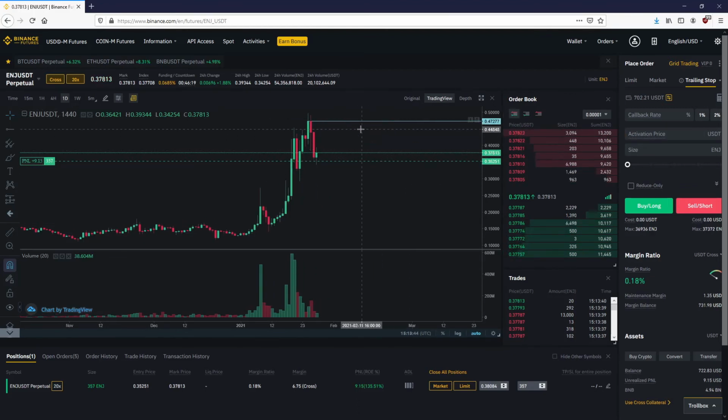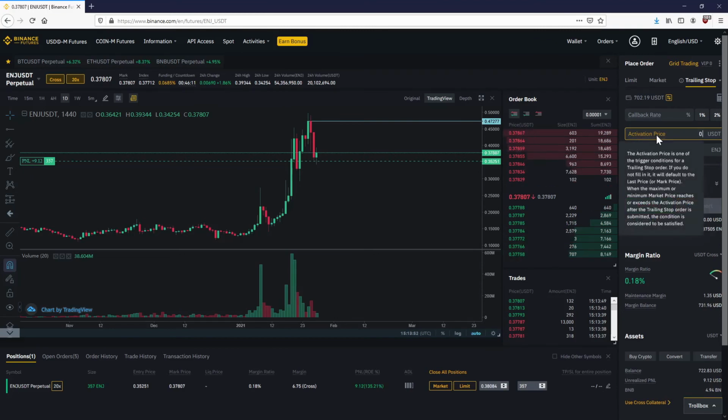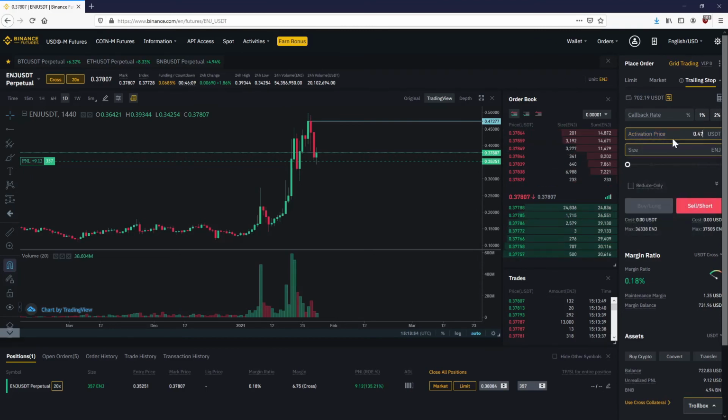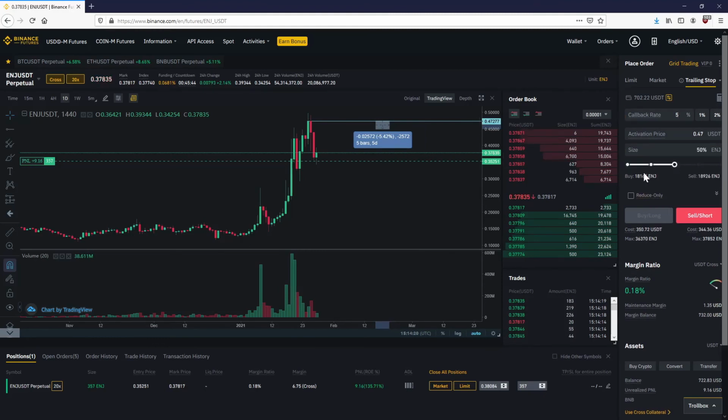If you're not sure of that, and you do not want to lose so much profit back to the market, then what you can do is put your activation price at 0.47 XSS. Then the callback rate will be, if this market, after hitting your activation price, declines by maybe 5%, then you want it to sell. So your callback rate will be 5 point whatever percent you believe if the market declines from the very top where you have placed your activation price, then the amount you wish to sell.